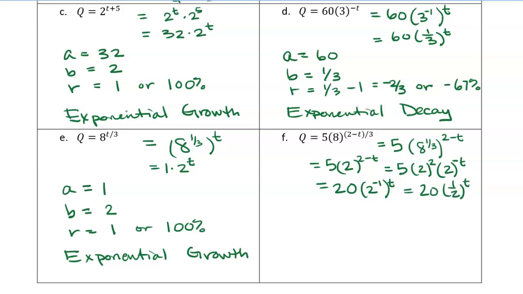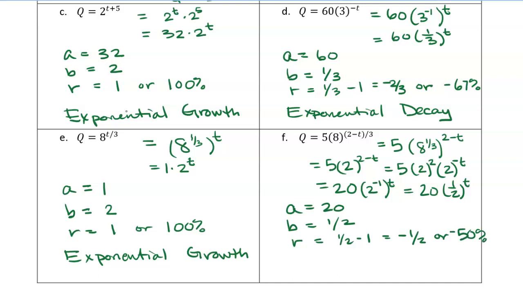Now I have it written in the standard form, and I can read off that a is equal to 20, b is equal to 1/2, so r is equal to 1/2 minus 1, which is a negative 1/2, or a negative 50%.